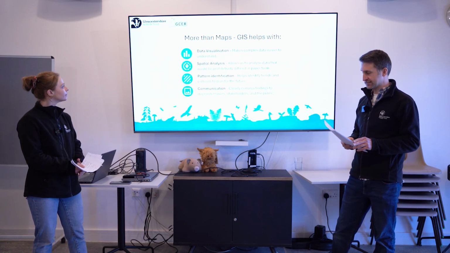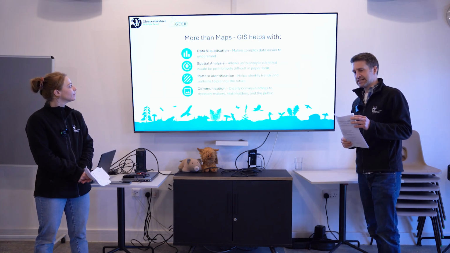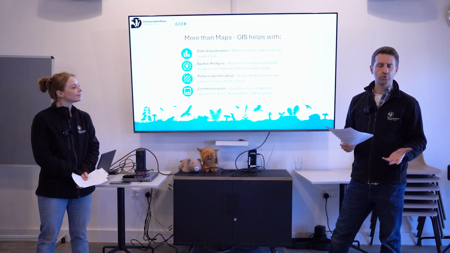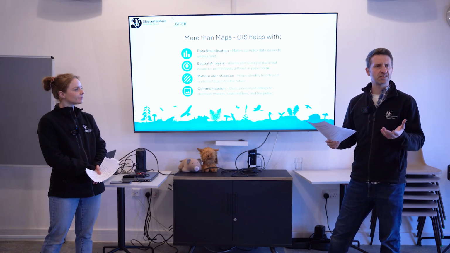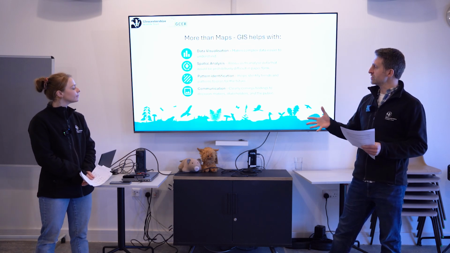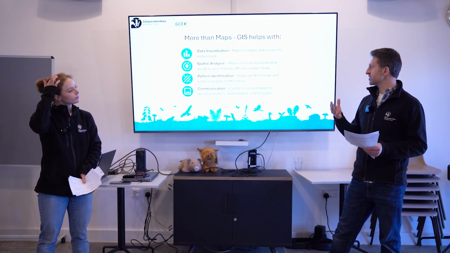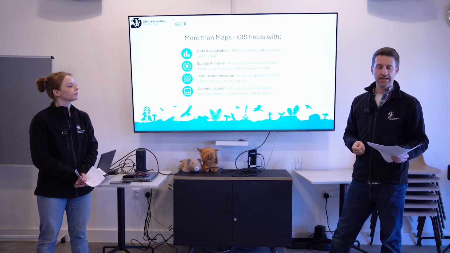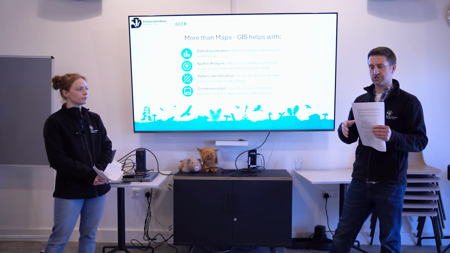Next slide, please. So as I've said, GIS, and Molly mentioned it at the start, we probably all used it in some sense. It's maps, it's things like Google Maps, but it is more than that. So we use it in the Trust for data visualization. So that is making complex data easier for us to understand. Various different data sources come in.